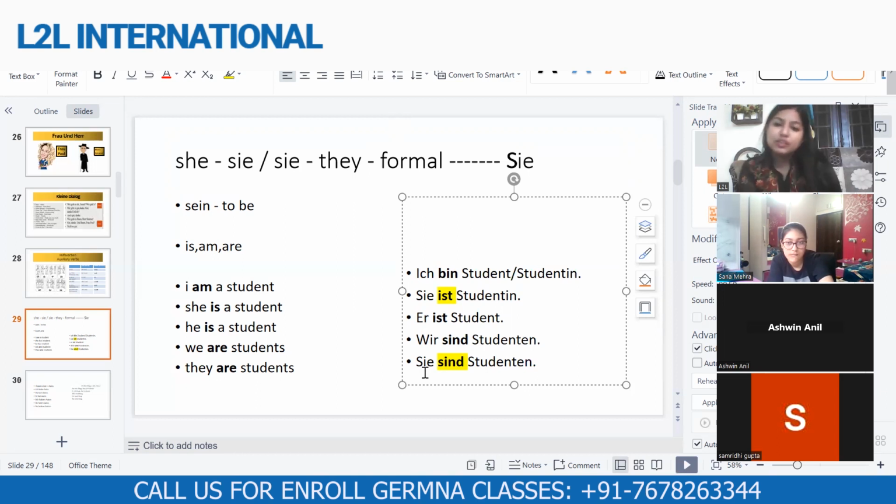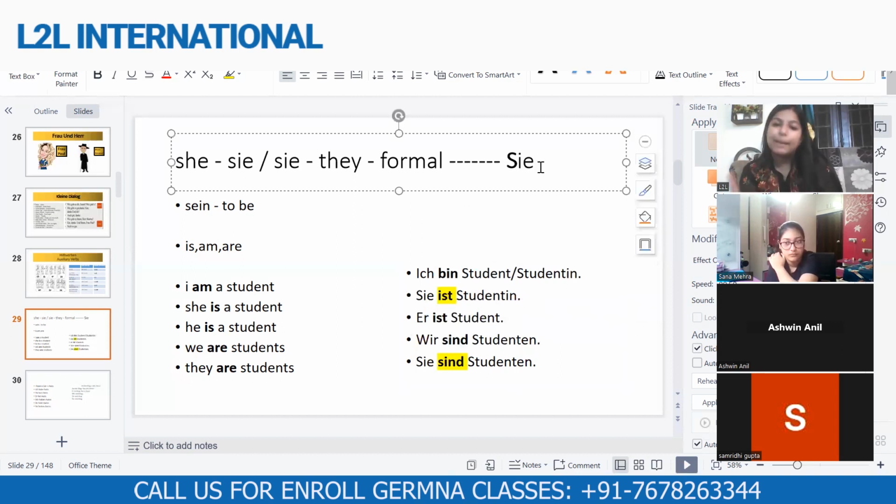In order to deal with this question, you have to see certain sentences, and then it will become clear how we differentiate between the 'they' sie and the formal Sie. One difference is that the formal Sie will always begin with a capital S. This is one point of difference. The rest of the differences we will see here.